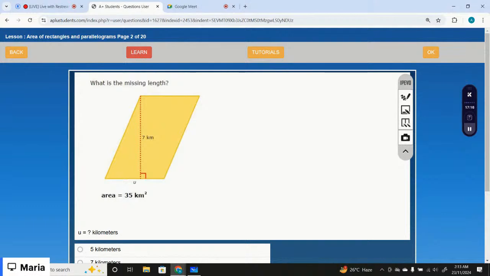What is the missing length? So which is the correct option? The correct option is that is a rectangle, right?